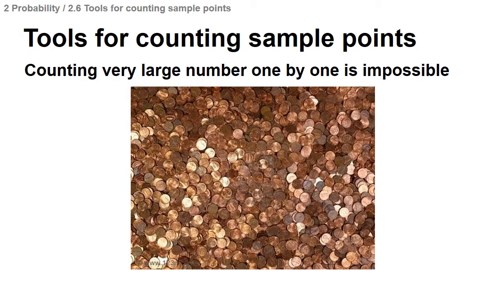The next chapter is about tools for counting sample points. When we are counting a very large number of samples one by one, it is impossible. It's impossible to count all the coins in the figure.